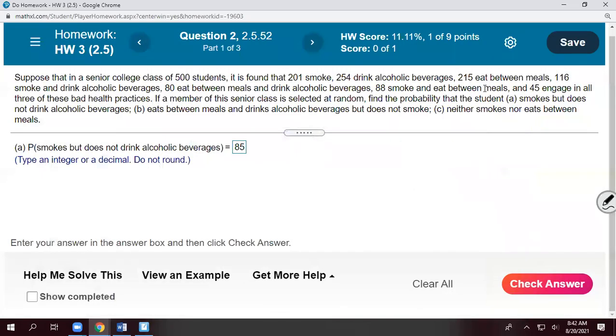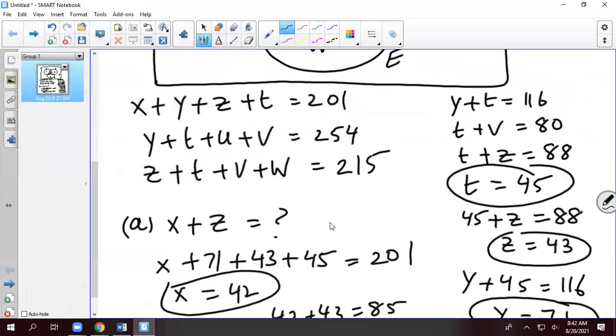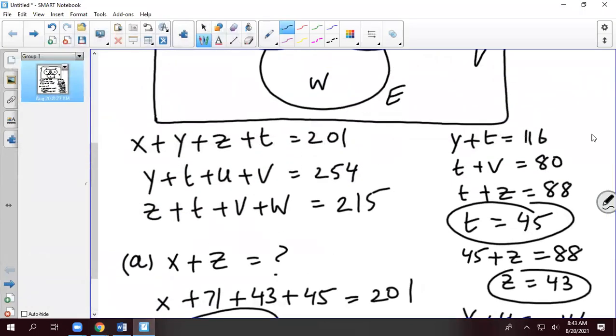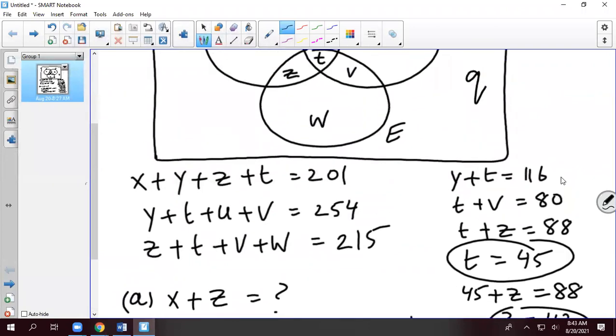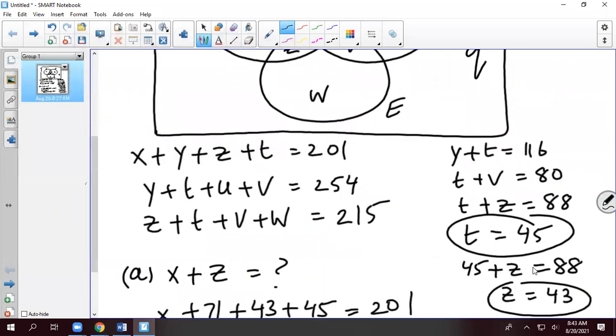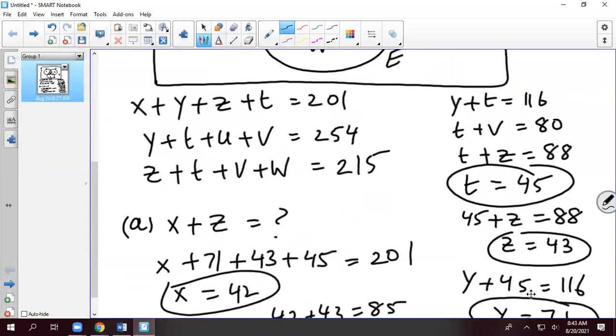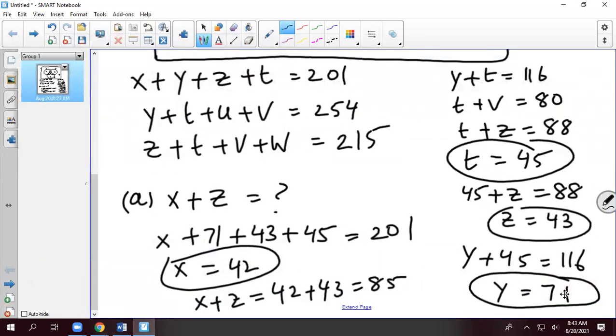Let's see, where is the mistake? 201, 254, 215. 16, 80, and 88. And the common is 45, so that gives me z equals 43. y plus 45 is 116, so that gives me y equals 71, that's fine.